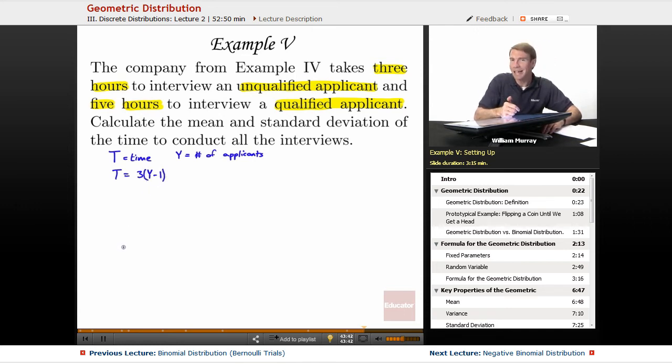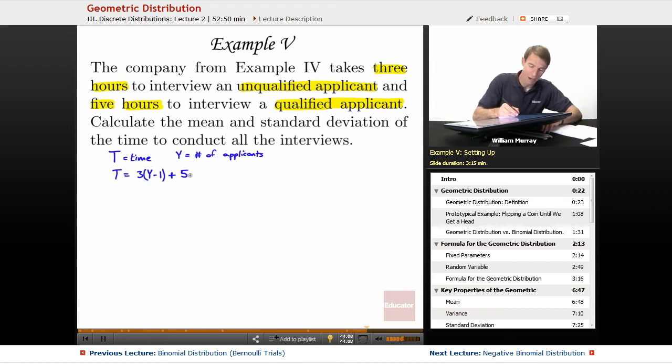It cost us 3 hours to find out that those people didn't actually deserve the job. And then the last person, the person who was good and we actually want to give the job to, we had to do some extra scrutiny on that person. So it took us 5 hours to interview her because we wanted to make extra sure that she was really qualified for the job. So the total time is 3 times y minus 1 plus 5.